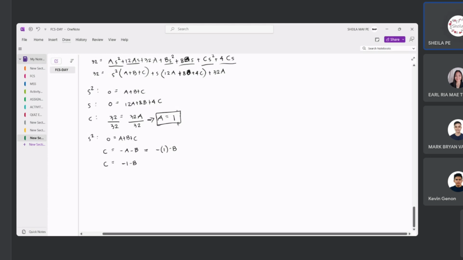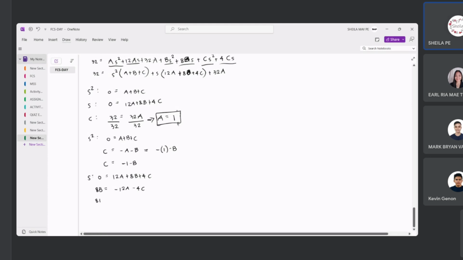And the remaining equation that we haven't manipulated is the s equation: 12A plus 8B plus 4C equals 0. We are looking for B here, so that would be 8B equals negative 12A minus 4C.